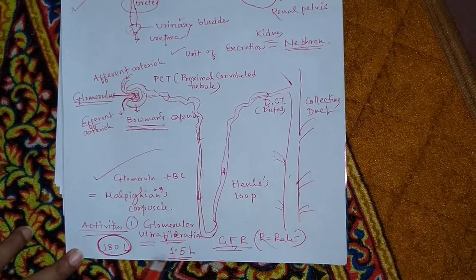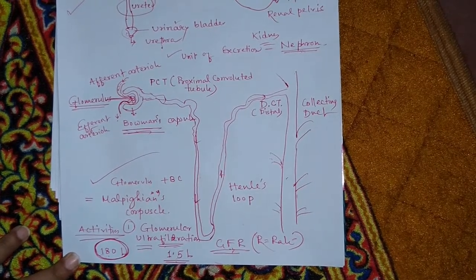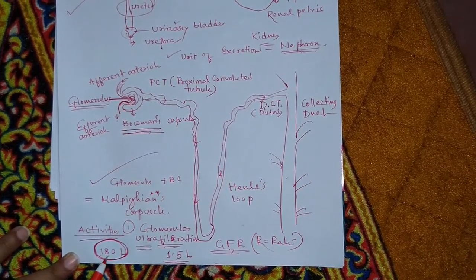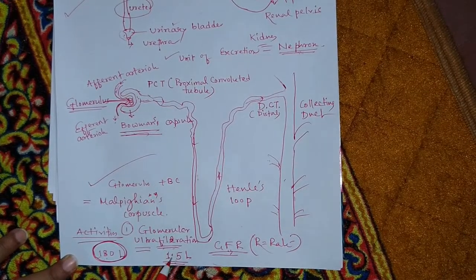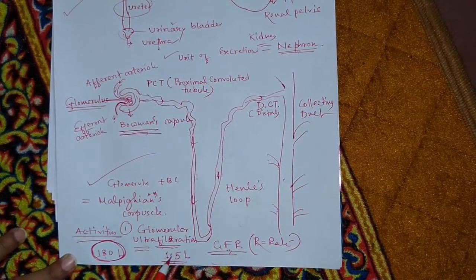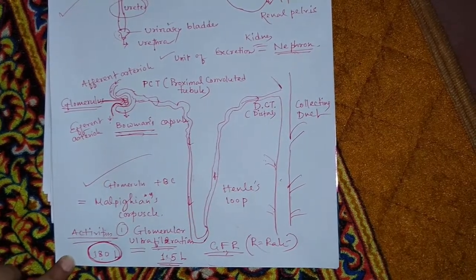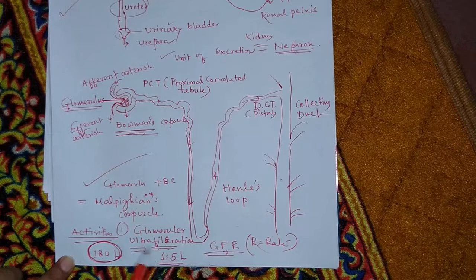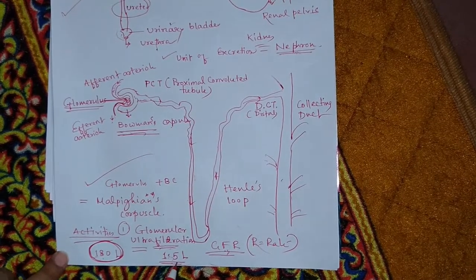So you can understand how efficient your kidneys or nephrons are. Through 180 liters we pass only 1.5 liters, which carries the unneeded nitrogenous waste material from the body to the outside. Here mainly the nitrogenous wastes are involved, going outside through the kidney.